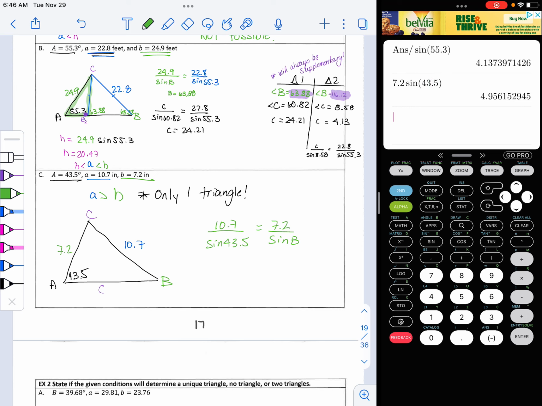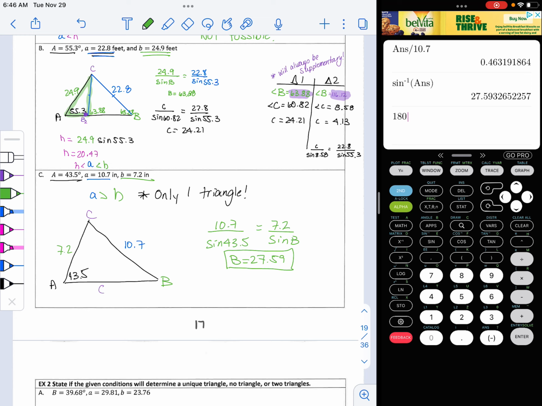Divide that by 10.7 and inverse sine of that answer. Angle B is 27.59, so that's one of the things we need to solve for.